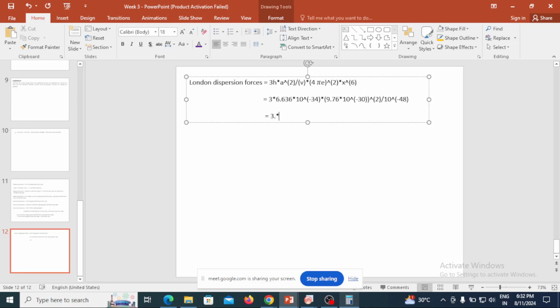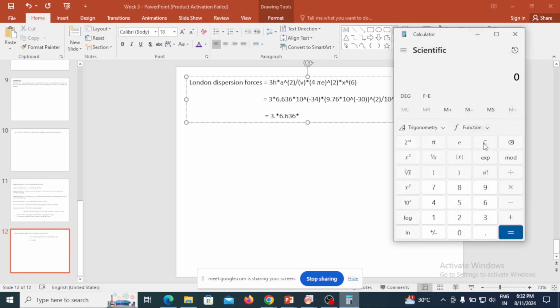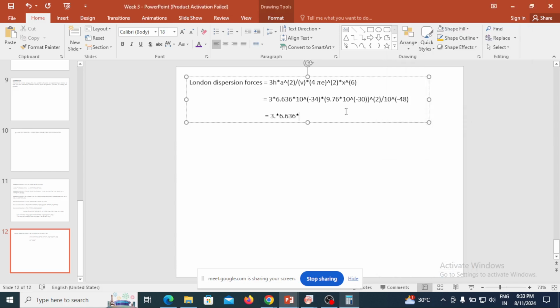So that will be 3 into 6.636 times 9.76 the whole square, 95.2576, right, times 10 to the power minus 30 whole square. So that will be minus 60 minus 34. So minus 60 plus minus 34 will be minus 94. Right, 10 to the power minus 48.